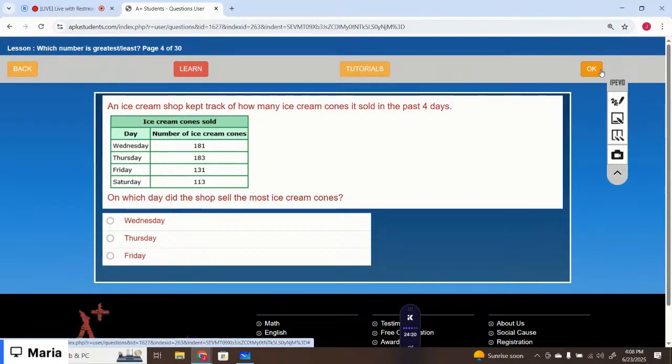The most ice cream cones, the highest number is 183.